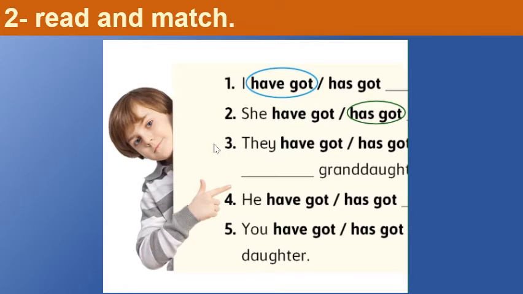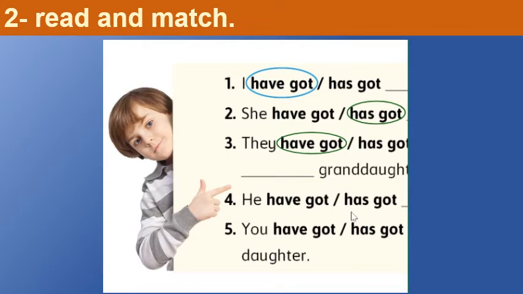Sentence number 3. They have got or they has got. Of course, have got comes after they. And here in sentence number 4 we have he have got or he has got.